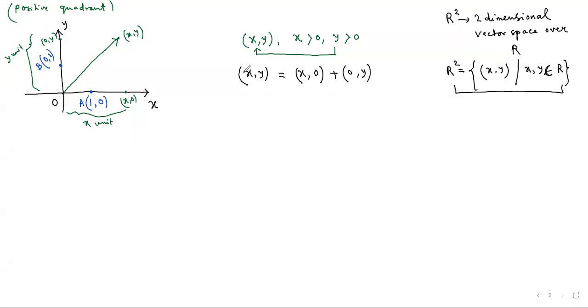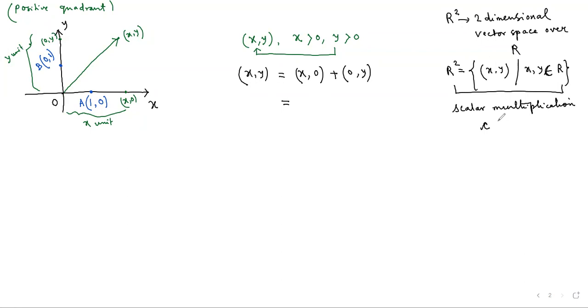Now you see that this point (x, y) is an arbitrary point. We can split the point (x, y) into two halves. One is (x, 0) and another is (0, y). We can split because in R2, we define addition coordinate-wise. You already know this. How do we define scalar multiplication in R2?